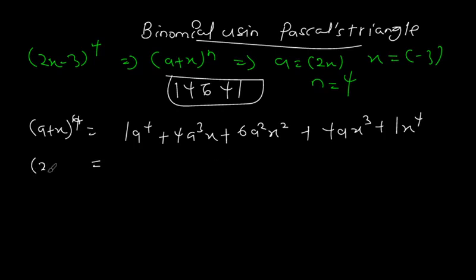So for this example, which is 2x minus 3 raised to the power 4, we just input the values of a and x over here and we get our answer.